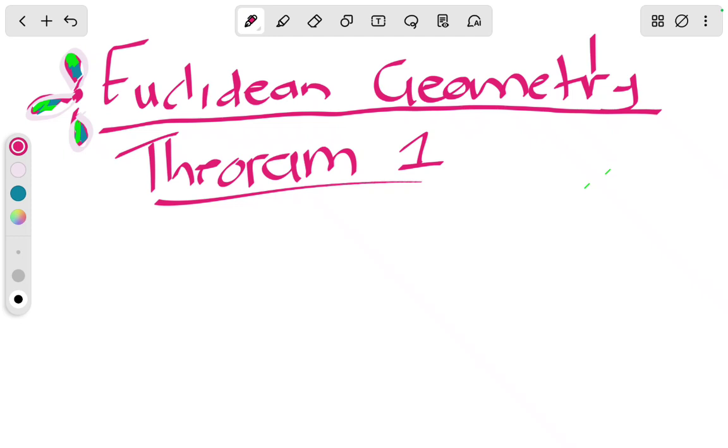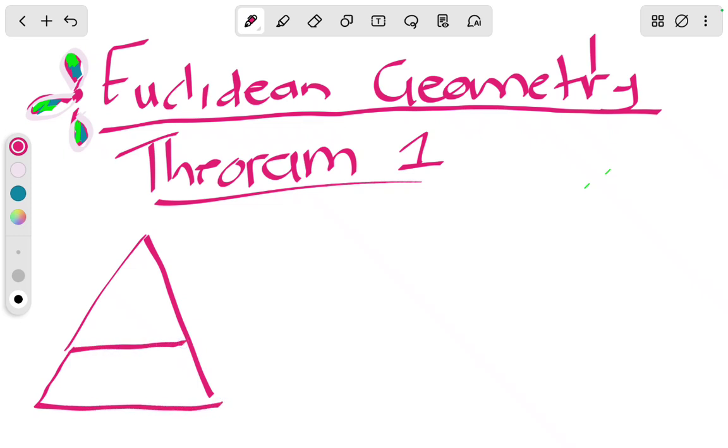Let's say we are given a triangle like this. Okay, it's going to be A, E, D, and C here. So what you're first going to do is construct your triangle.